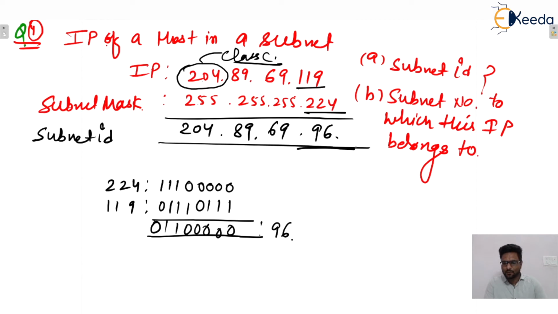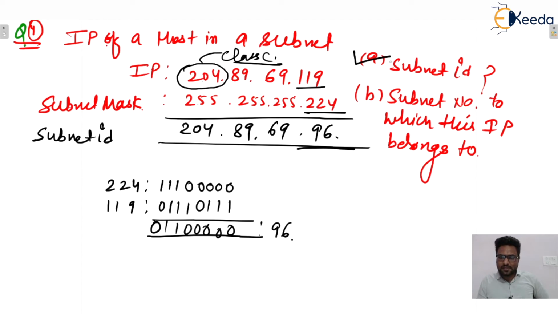I hope this one is clear to everyone. So that is the subnet ID corresponding to this particular IP address. That is the answer of the first part.